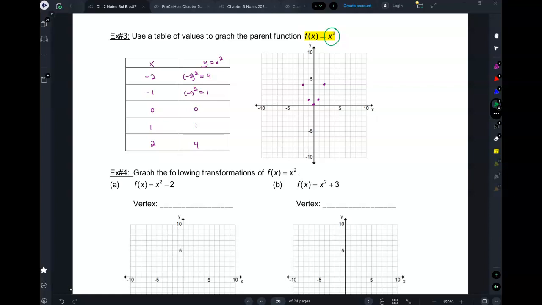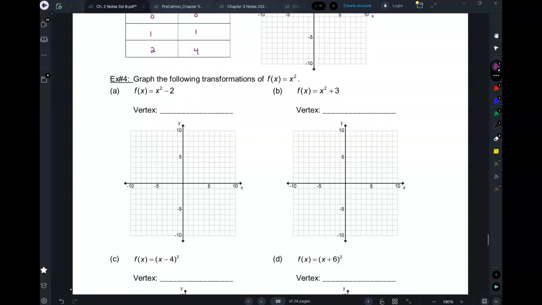So even though you can connect these and make a V, this is not an absolute value graph. It's going to look like a parabola. So here, I actually do the little curve first, and then I extend up. Okay? So, next one.